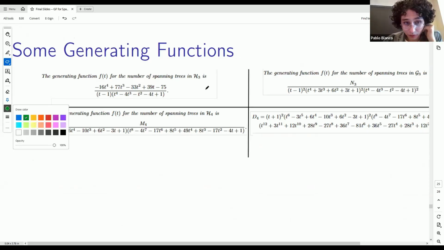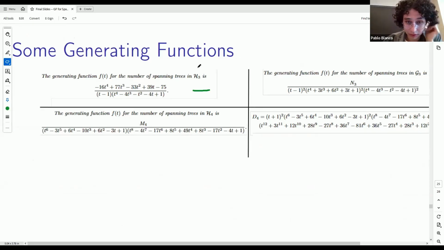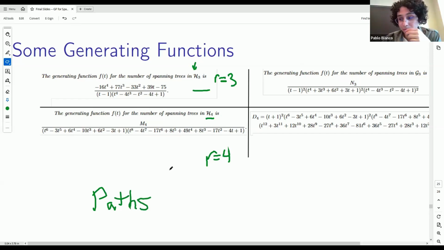So here's the generating function for powers of paths, when r equals 3. This is when r equals 4, for paths. And the corresponding ones for cycles here.